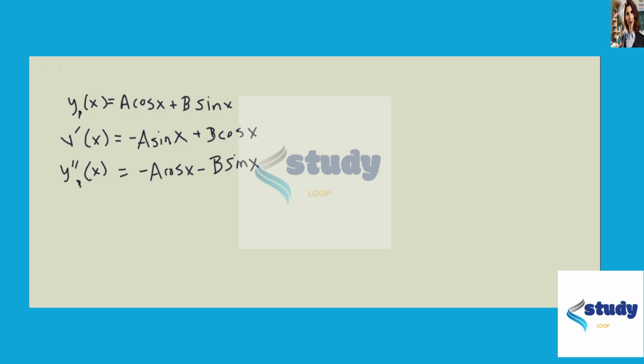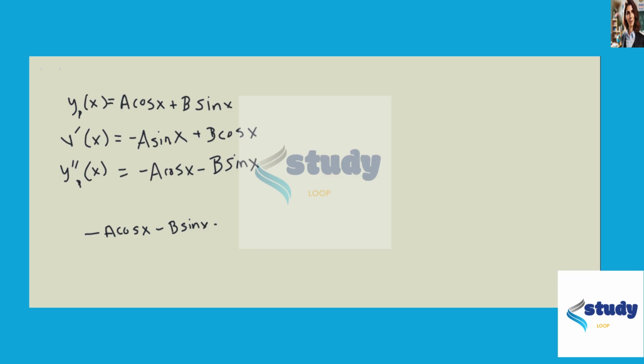And I'm going to plug that into my original equation. So I'm going to get negative a cosine x minus b sine x, using my double prime.